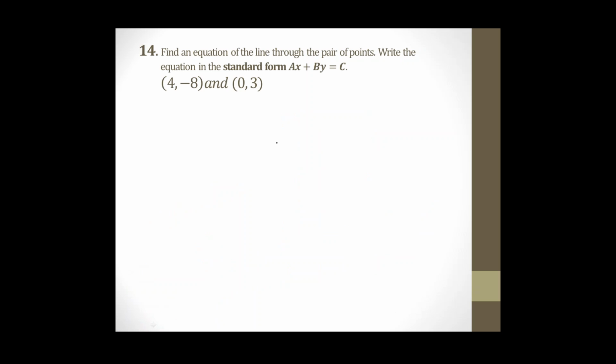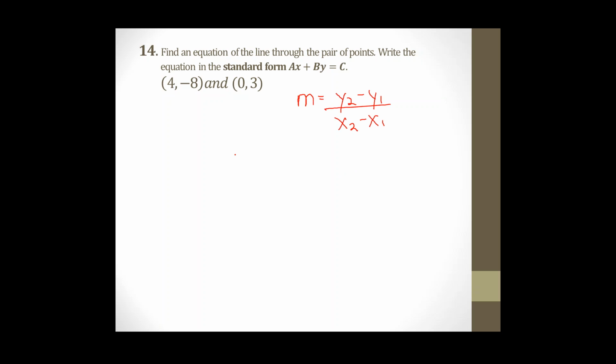Find an equation of the line through the pair of points and write the equation in standard form. So here the standard form is given, ax plus by equals c, and we are given 2 points. As soon as we are given 2 points, and that has to do with linear equations, we should come up with this slope formula: m equals y2 minus y1, all over x2 minus x1.